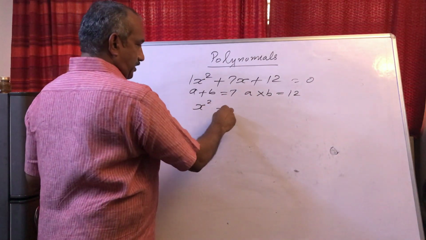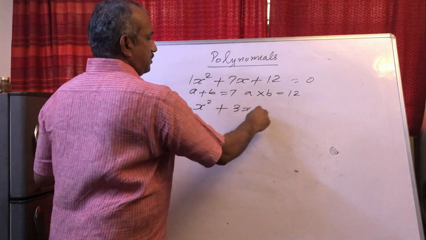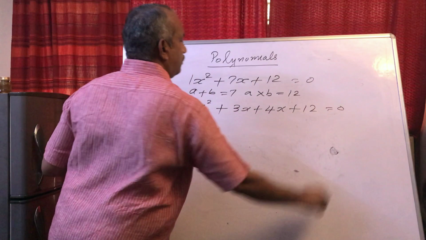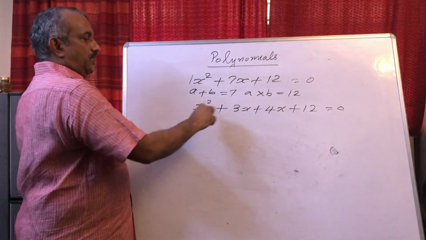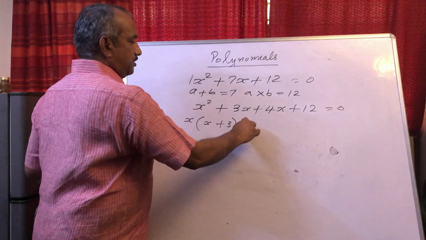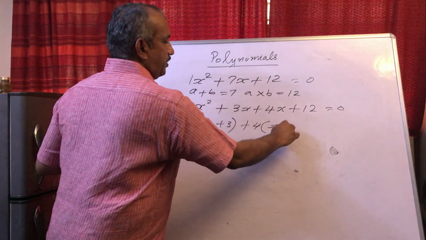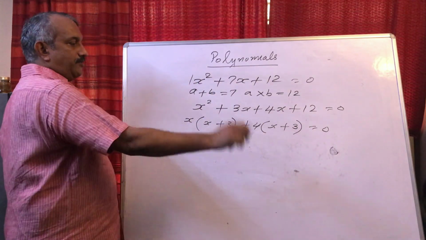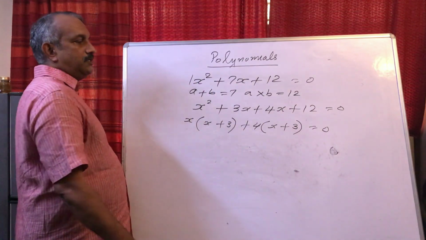But let us do x square plus 3x plus 4x plus 12 is equal to 0. Now, from the first two terms I am taking out x into x plus 3, plus 4 into x plus 3 is equal to 0. If your factorization is correct, always the bracket left will be the same.